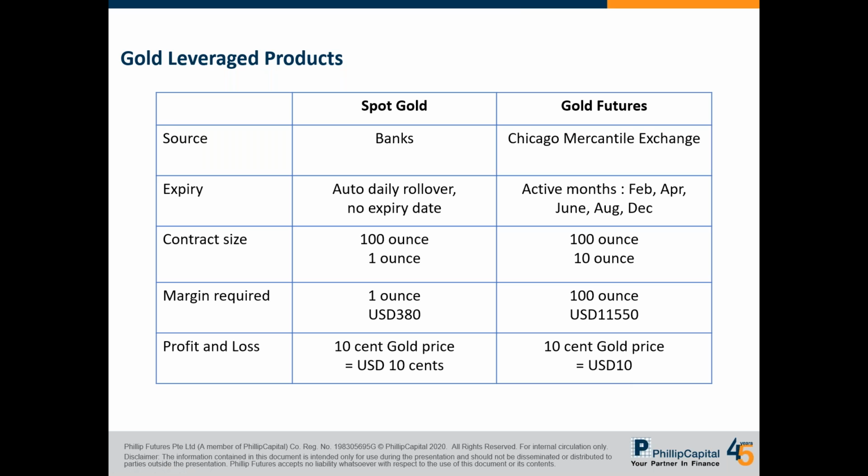Clear so far? If you are really interested in trading gold, this is a chart that I highly recommend you take a screenshot or photo of and keep with you, because profit and loss calculation is something you need to do actively once you start trading.